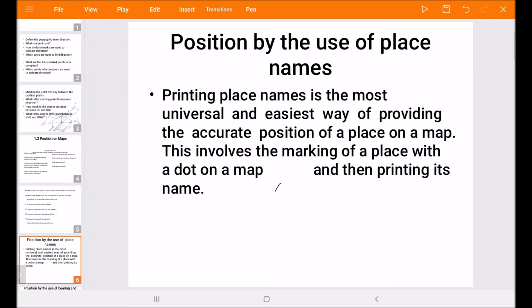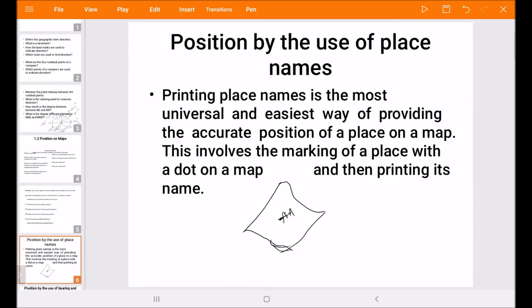Here, for example, assume this is a map of Ethiopia. By using place names in order to indicate the position of Addis Ababa, put a dot at the center and write the name of the place near the dot, AA, which is Addis Ababa.